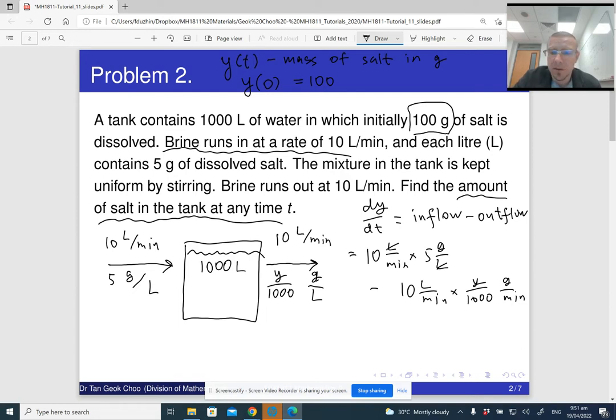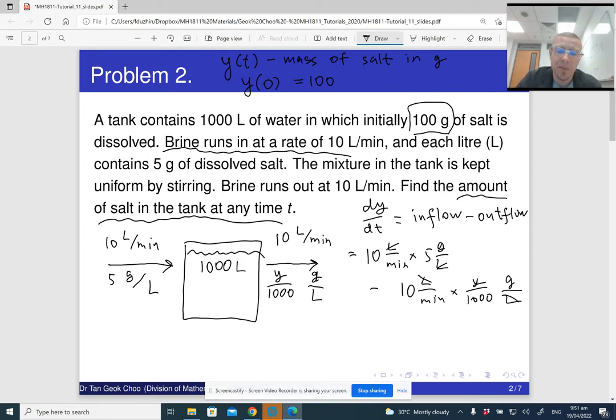Again, sorry, it's 10 liters per minute, and y is measured in grams, and 1000 is liters. So the liters cancel out, and we have grams per minute.